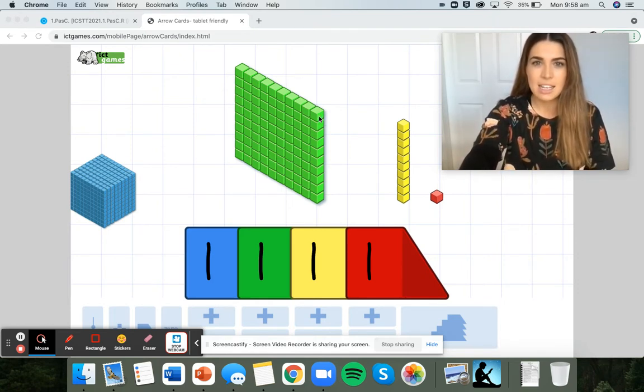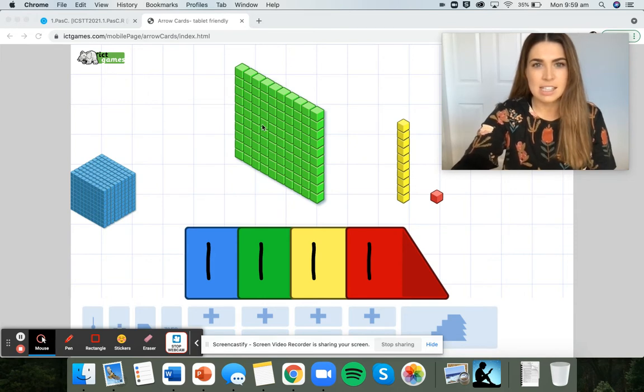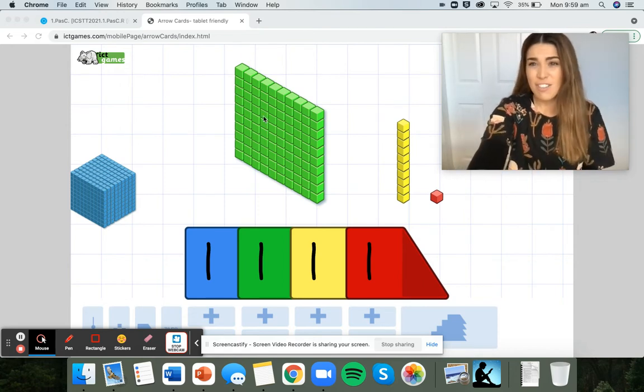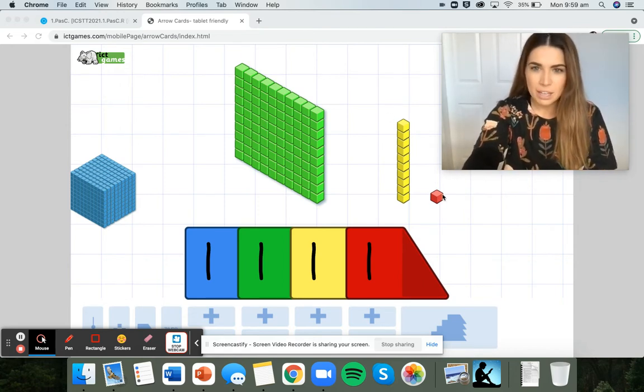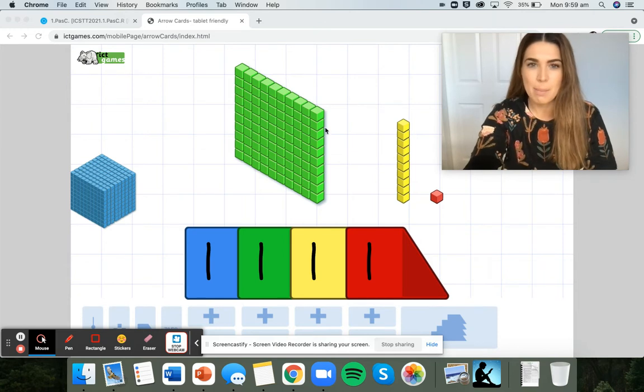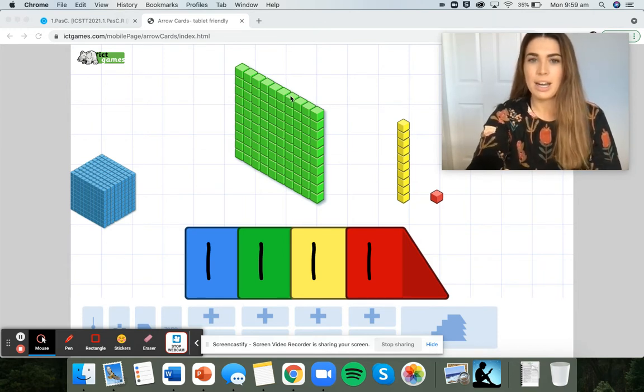Say it out loud. 10, 20, 30, 40, 50, 60, 70, 80, 90, 100. If I was going to go the really, really slow way, I could count each of these little blocks. 1, 2, 3, 4, 5. And I would also get to the total amount of 100. There are 100 blocks here.